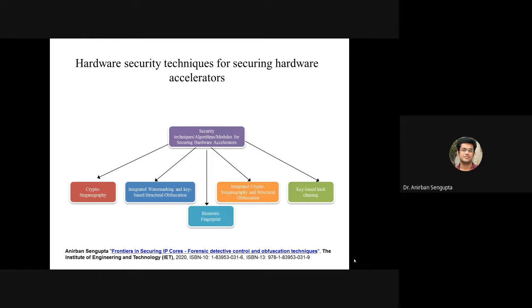Some of the techniques or algorithms that we have devised for securing hardware accelerators used in IoT platforms for these DSP and image processing applications could be cryptosteganography based, integrated watermarking and structural obfuscation based, biometric fingerprint based, facial biometric based, as well as techniques using cryptosteganography and hash chaining.